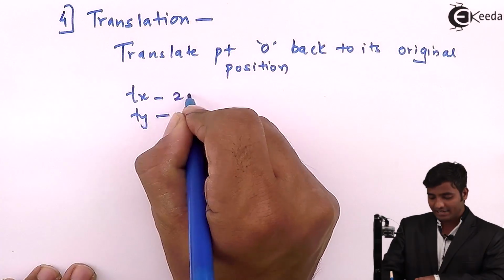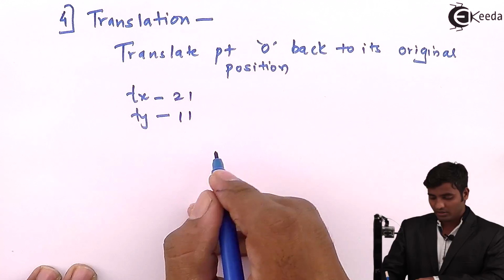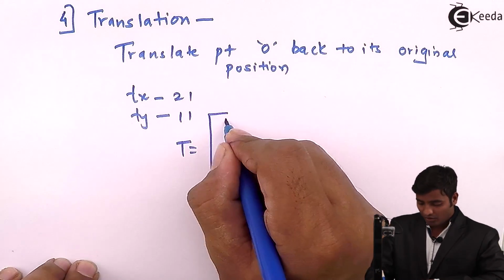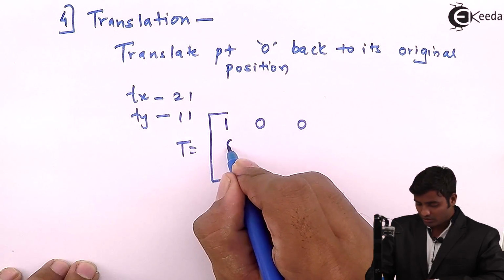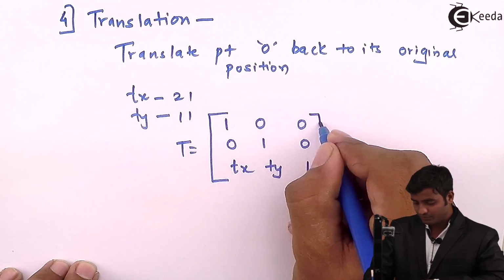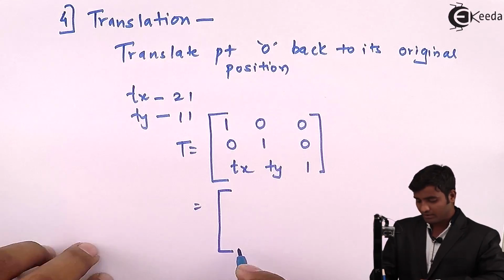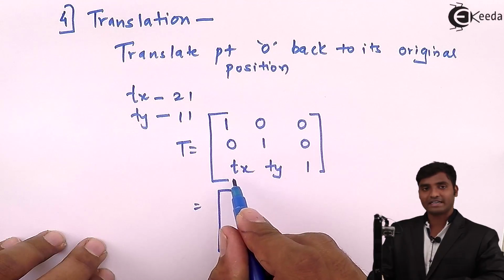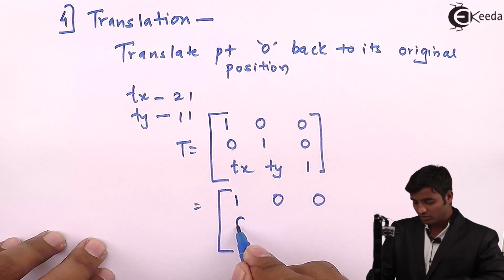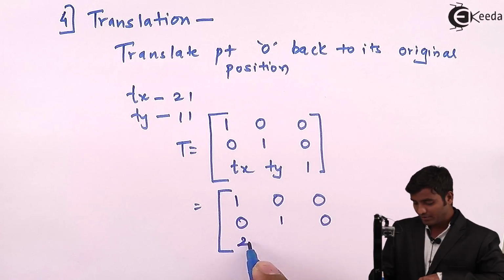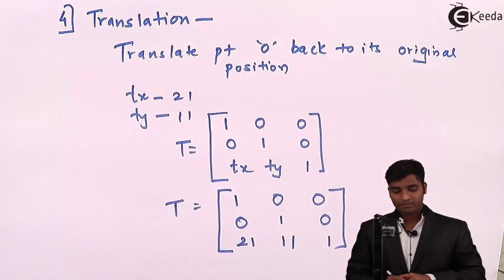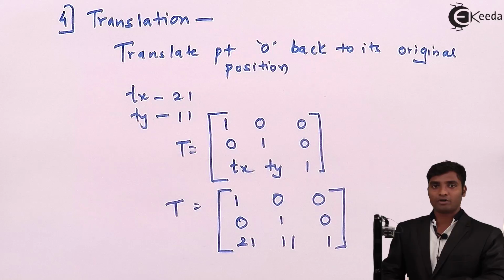So tx is 21 and ty is 11. The standard matrix for translation is 1 0 0, 0 1 0, tx ty 1. Now I will put the values of tx and ty as 21 and 11. So 1 0 0, 0 1 0, 21 11 1. So this is the matrix for back translation.